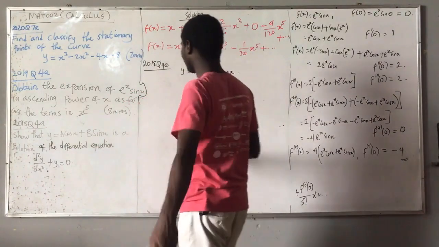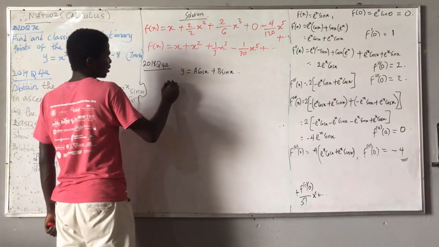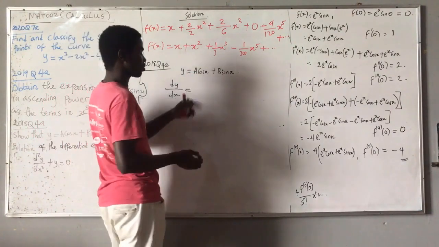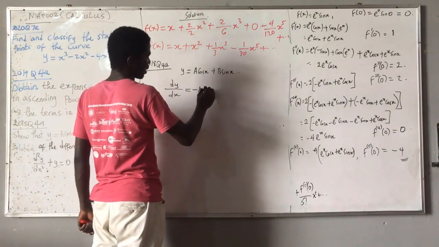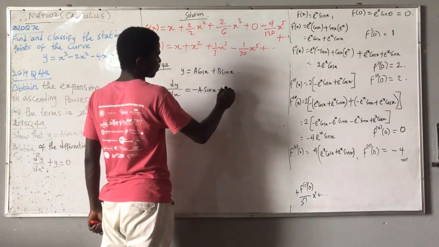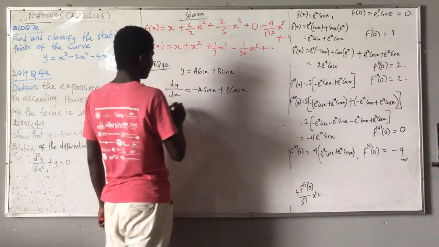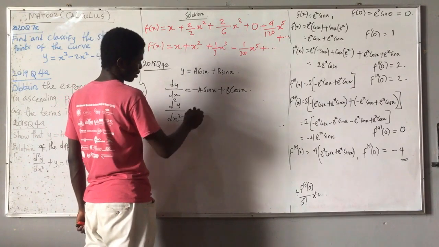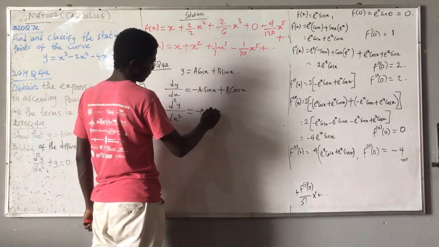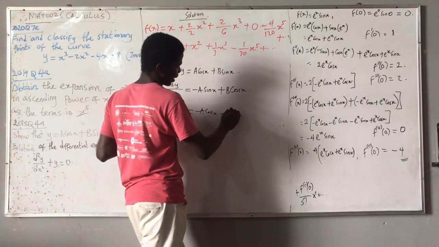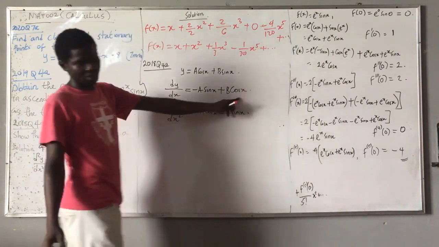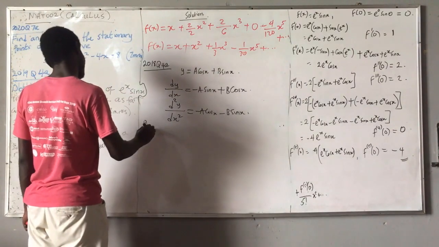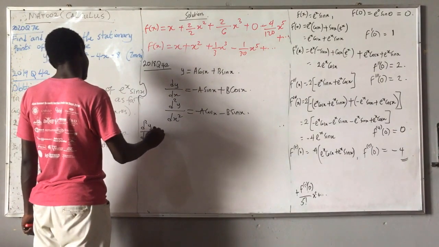So differentiate this one the first time. The dy over ds. A and B are constants too. Differentiate cos, you have minus sign. So I have minus a sin s. Differentiate sin, you have cos s. Differentiate the second time, this d squared y over ds squared. This is minus a cos s minus b sin s. I just differentiated. Differentiate this cos, you have minus sign. So what is d squared y over ds squared plus y?